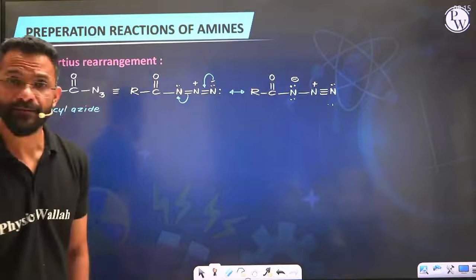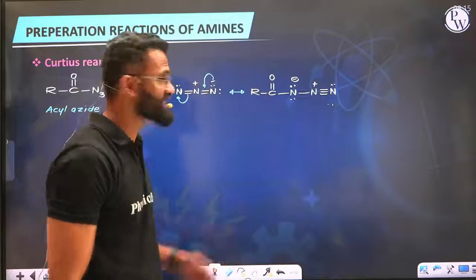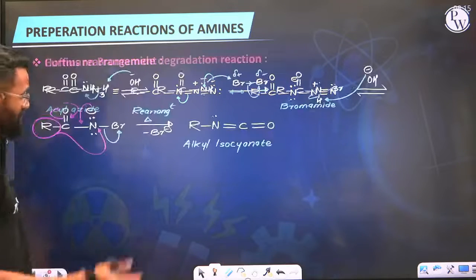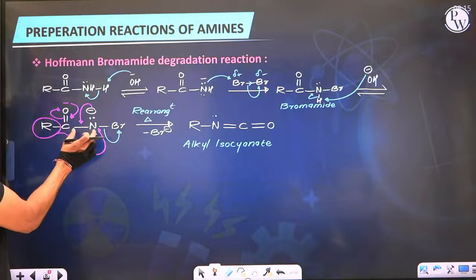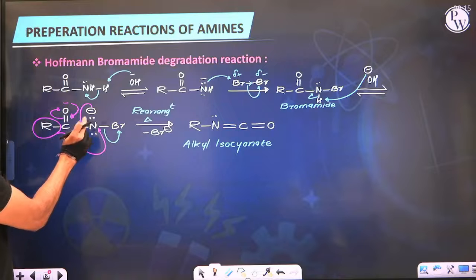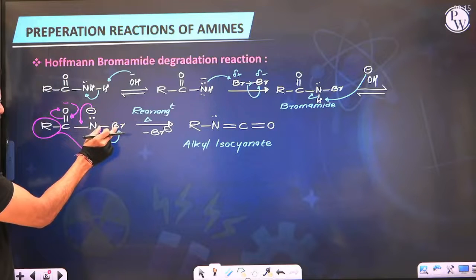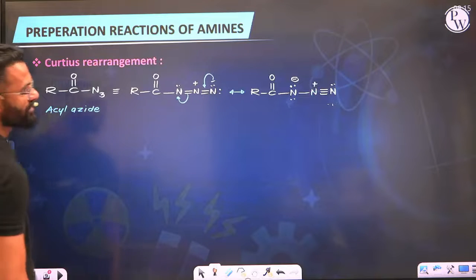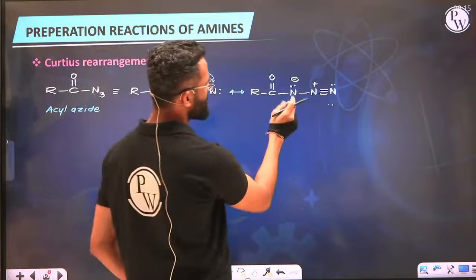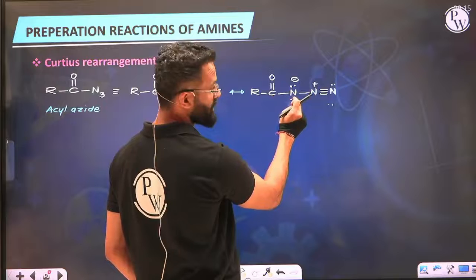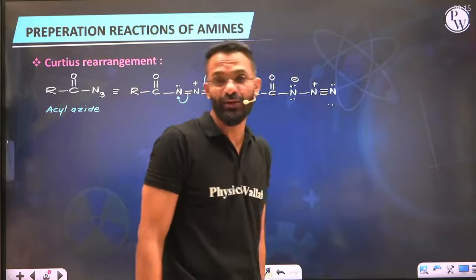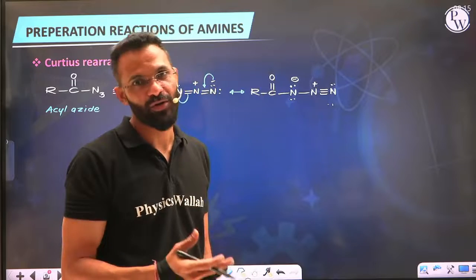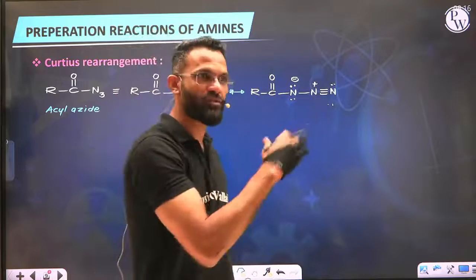Right everyone? We have got the same arrangement as in the previous case. Let me show you what happened there. You had an acyl nitrene, that is nitrogen carrying 1 bond pair and 2 electron pairs, with the leaving group bromine. Now see what is there. Acyl nitrene, nitrogen with 1 bond pair, 2 electron pairs, and now we have an even better, rather the best, leaving group, N2, because it leaves as a stable molecule and, being a gas, evolves off immediately.